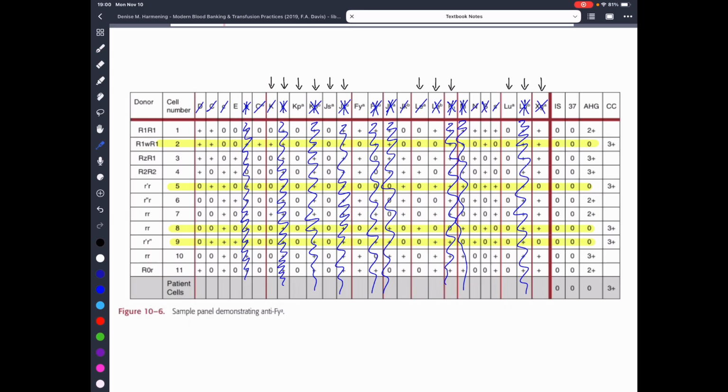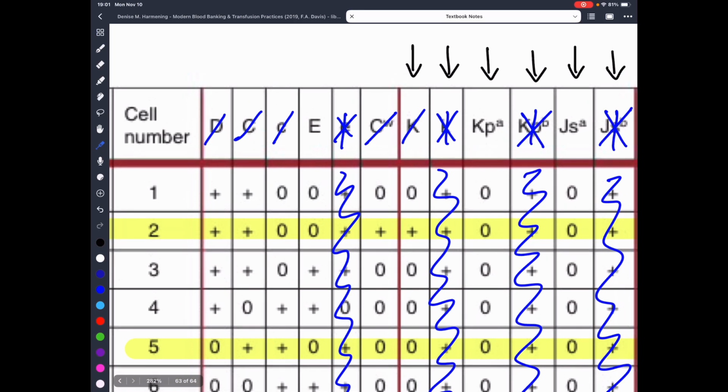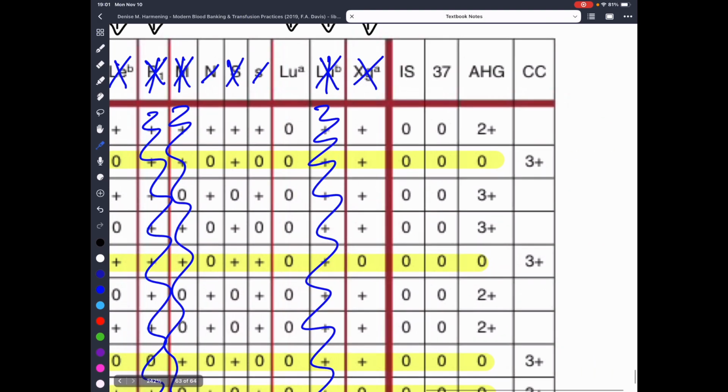So what I like to do is I like to look at the pattern of pluses and zeros and see if there's one single antigen that has the same pattern. And I like to start with the ones that have no crossouts because those are the ones most likely to be targets, because remember, crossout means that the antigen was present in the reagent, but there was no reaction in the patient's serum.